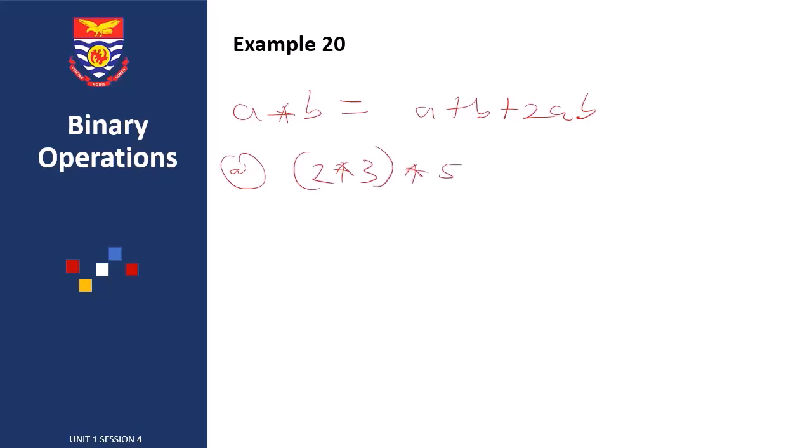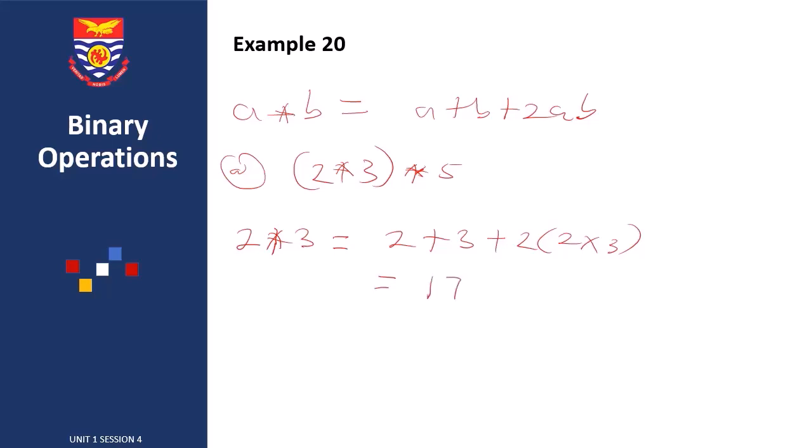Here you can see there is a sum in brackets. So BODMAS: you do the bracket first. We start with 2 operation 3, and that will give you 2 plus 3 plus 2 times 3. Wherever you see A, put your 2 there; wherever you see B, put your 3 there. When you do this computation well, you get 17.